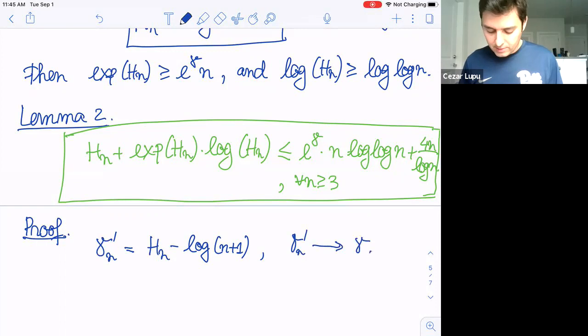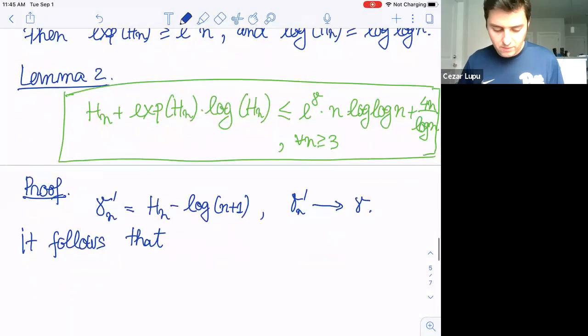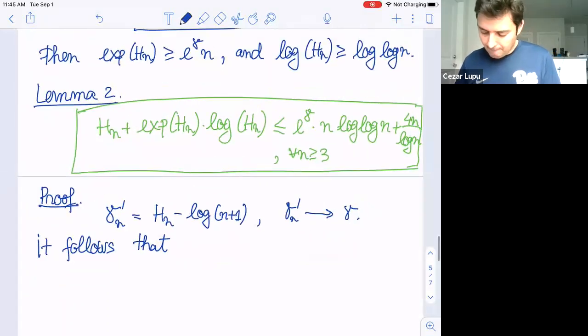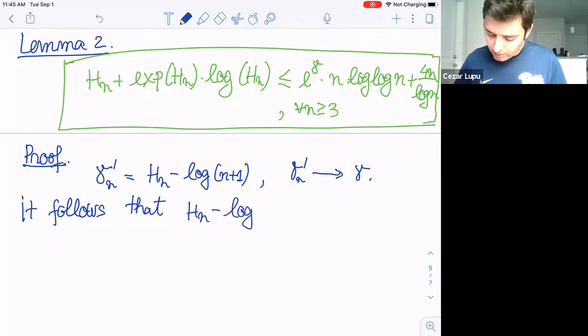But also, by the same consideration, by just studying the monotonicity of the sequence, it follows that hn minus log n, let me write it directly in this way, is less or equal than gamma.